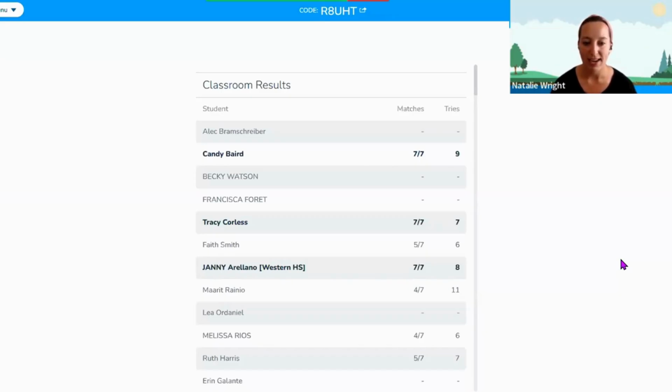If you want to add on a time component, you can, to maybe make it feel like a race. Because as a teacher, I can see who has matched and has completed it. So I can look through my students and say, woohoo, Candy has completed it.